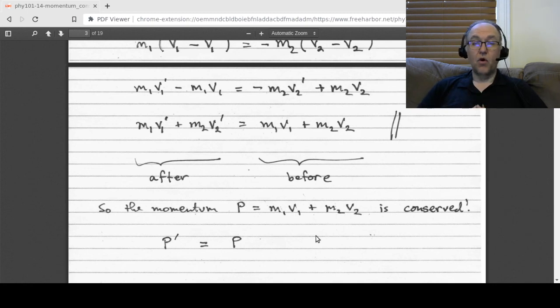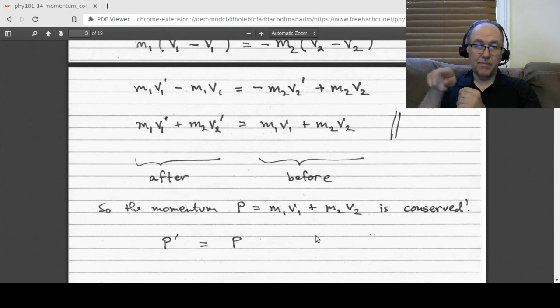So this is good enough though for you guys, because the reason to give you this is to give you an intuition into why momentum is conserved. And the answer is it's a combination of Newton's third law and Newton's second law. Newton's third law basically says, look, when these things are colliding, the forces they exert on one another are equal but opposite in direction.